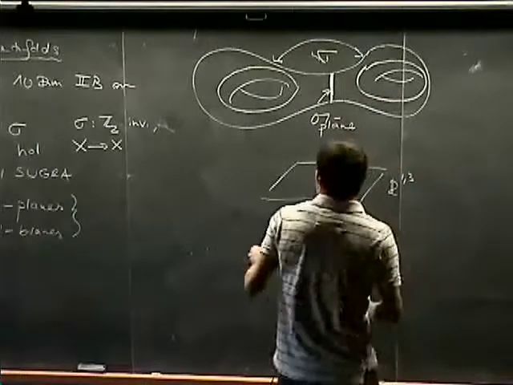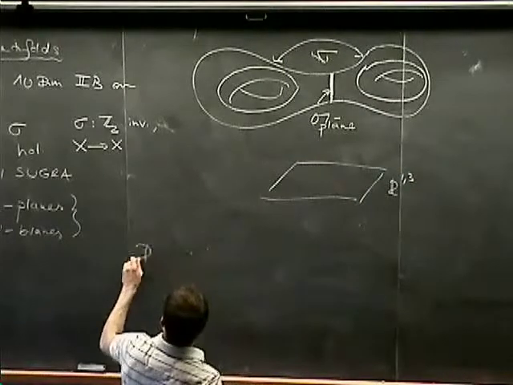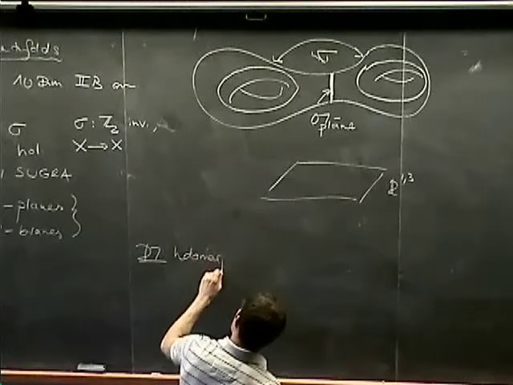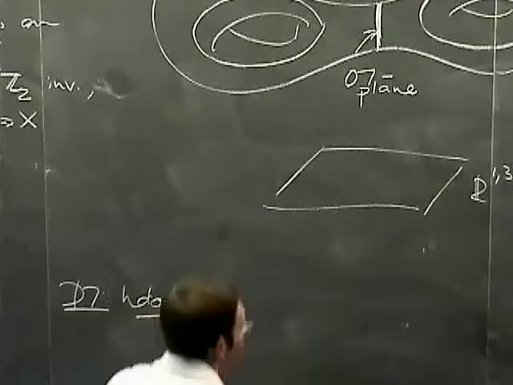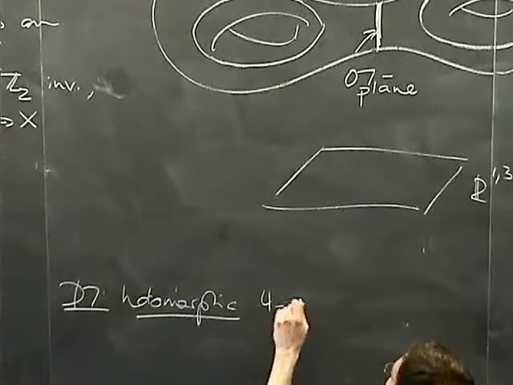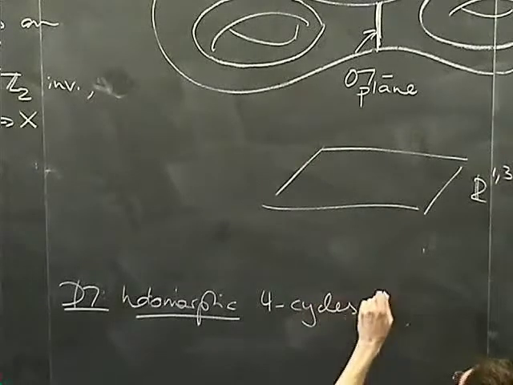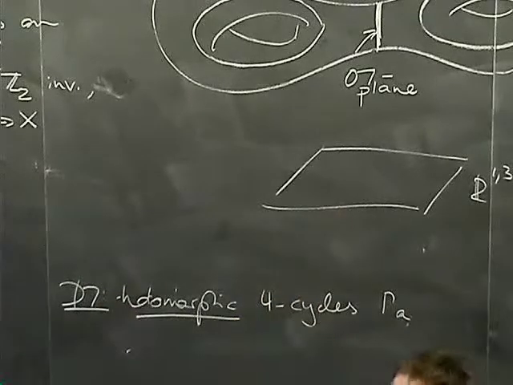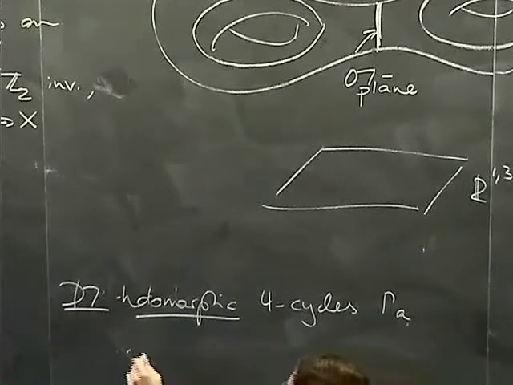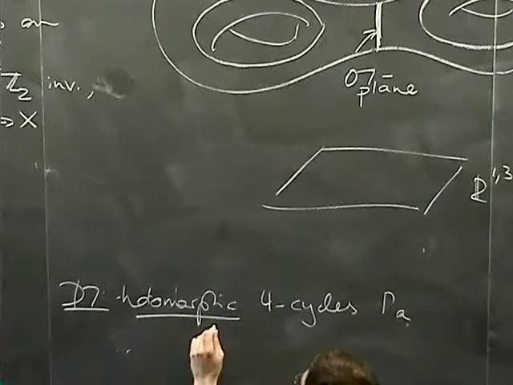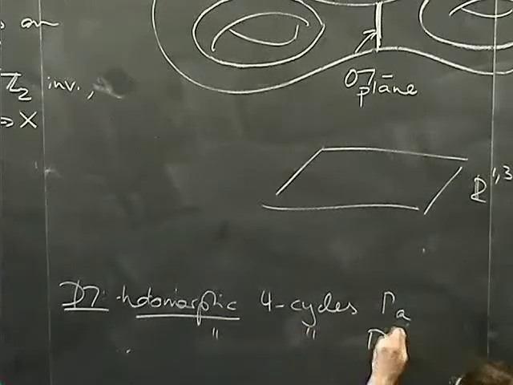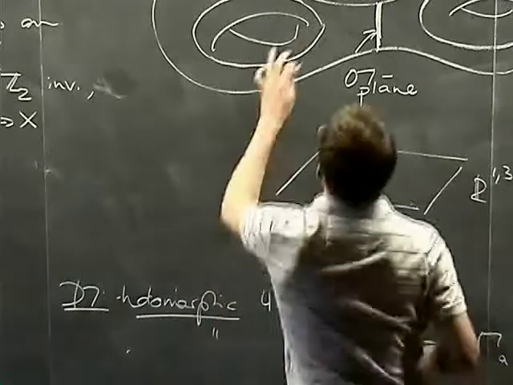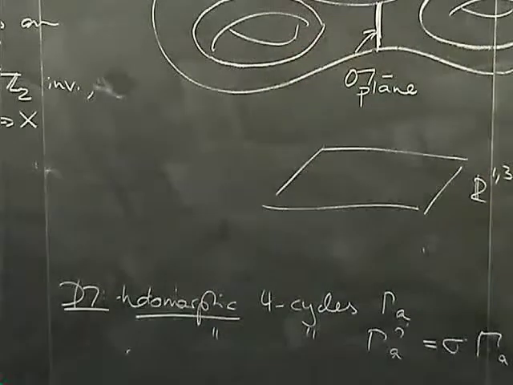So if we have these D7 branes, they wrap, for supersymmetry, holomorphic 4-cycles gamma_A, plus we need the same amount of D-branes along the orientifold image. So a brane on a cycle and on its image.